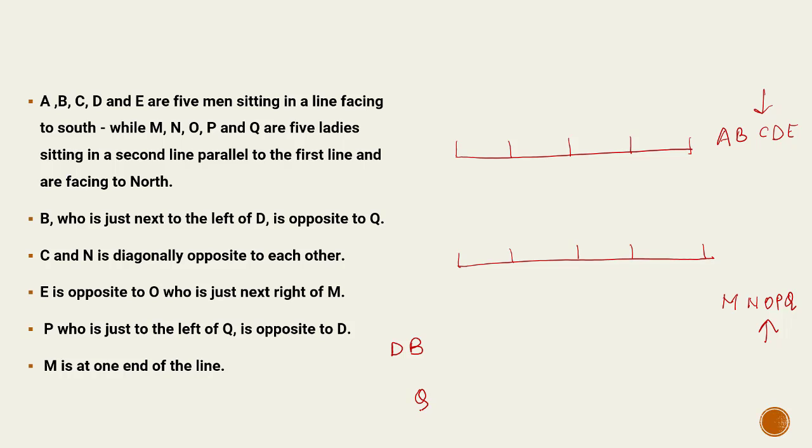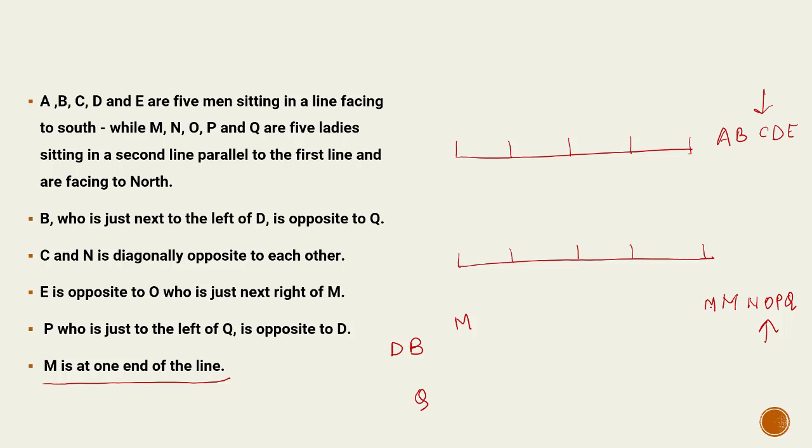C and N are diagonally opposite to each other, which tells me that they are at the extremes. Now, I think where we would get our starting point is this line. M is at one end of the line. I know M is in the second row. Either M can be on this side or on this side.